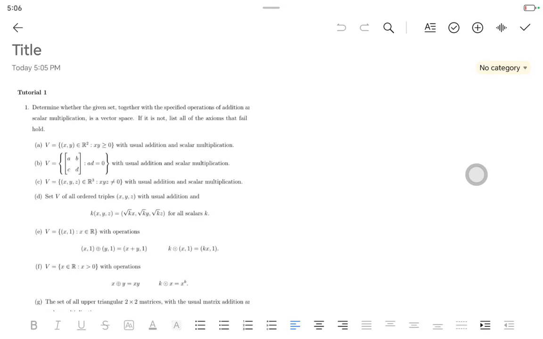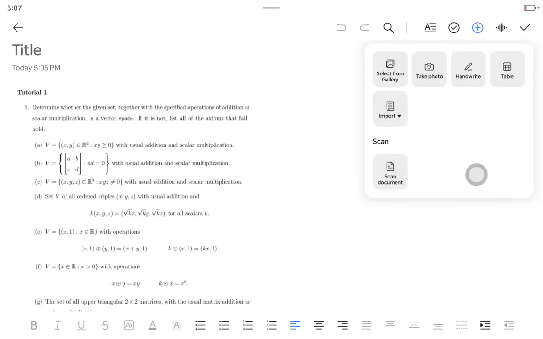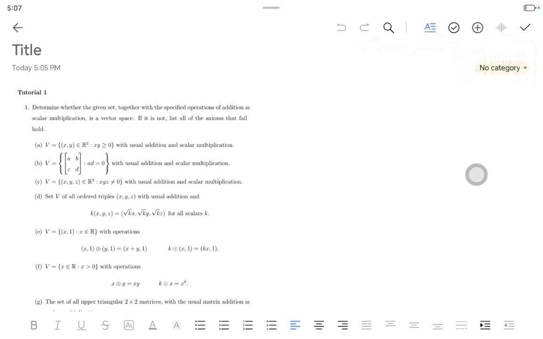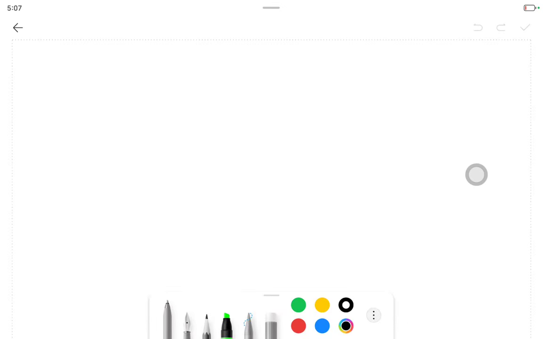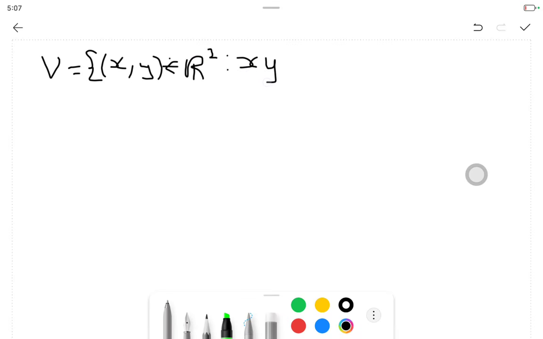So for us to be able to solve such a question, what we are going to do is remember that the question says that V is equal to (x, y), which is an element of R squared, such that xy is greater than or equal to 0, right?